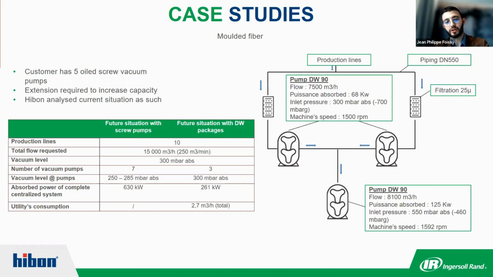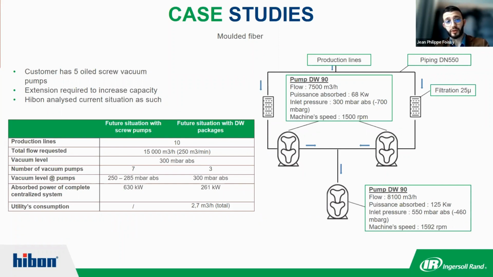So we can just put one machine, the DW90, 8,100 cubic meter per hour, instead of a lot more, with a power absorbed of 125 kilowatt, because this machine at inlet is 550 millibar absolute, and will go at outlet to the atmospheric pressure. By doing that, we are achieving a complete absorbed power for this centralized system of 261 kilowatt. That is clearly more than half less than what the customer already has today.